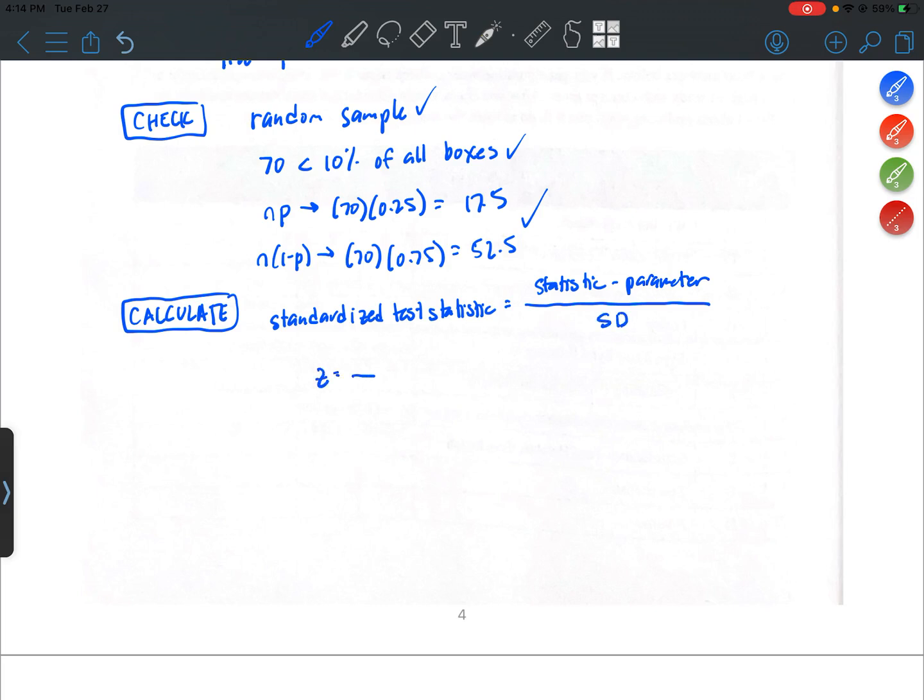The specific formula for this procedure is to use p hat as the statistic, p as the parameter, and then the square root of p times 1 minus p over n as the SD.